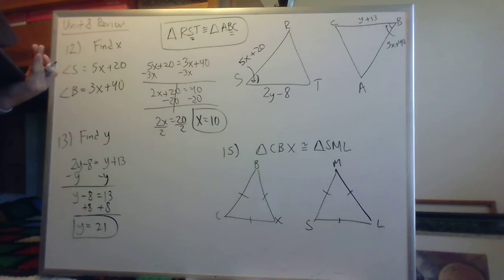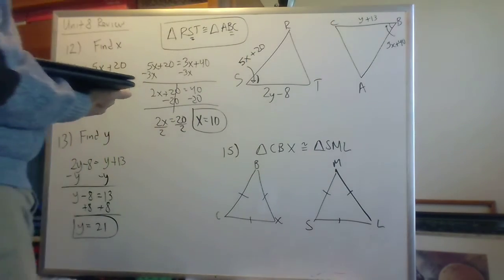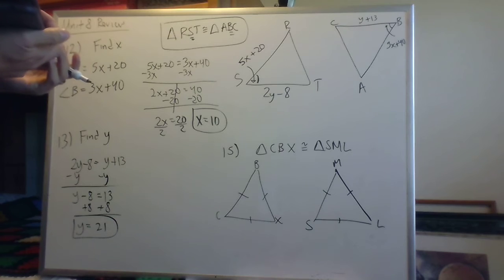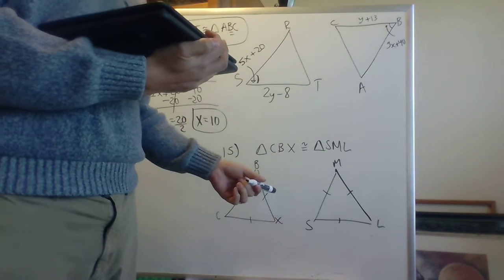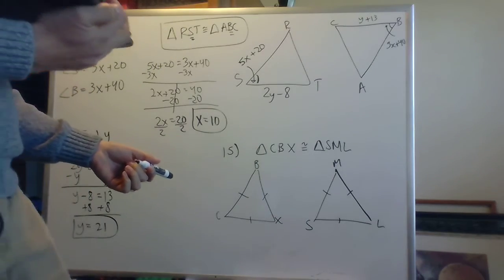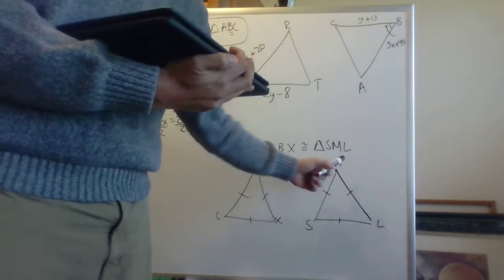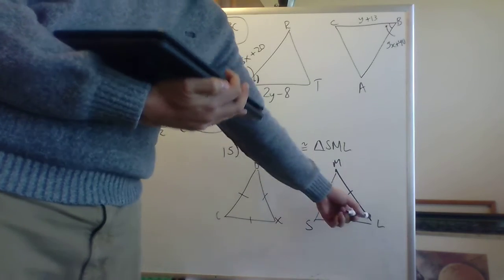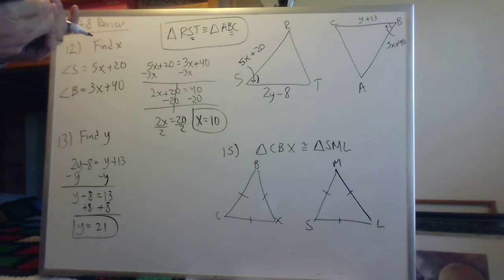So essentially, when we look at problem 15, it says determine which statement is true given that triangle CBX is congruent to SML. The first choice, F, says that side MO is congruent to SL. Well, is there an M and an O? No, it's M, S, and ML. So there is no side MO. So we know that F is not a solution.